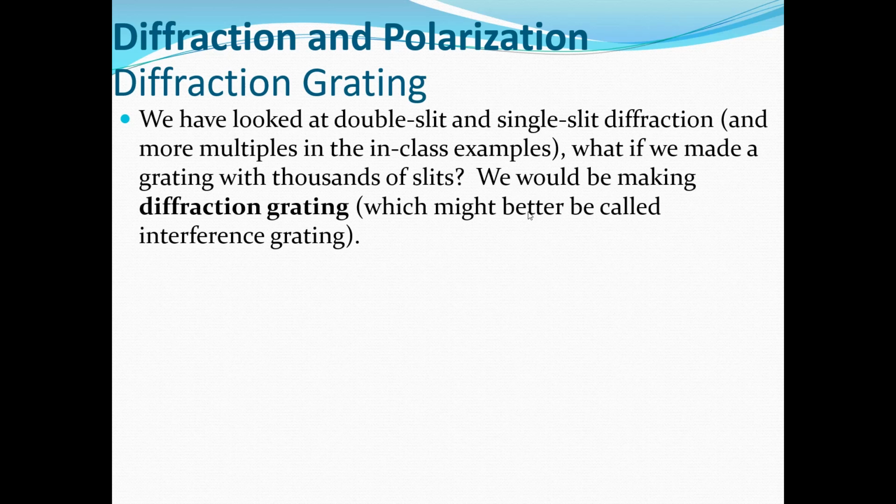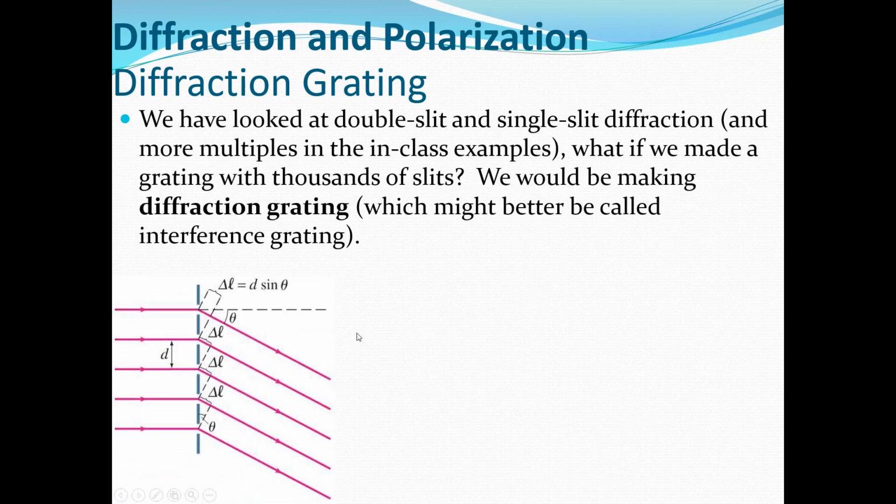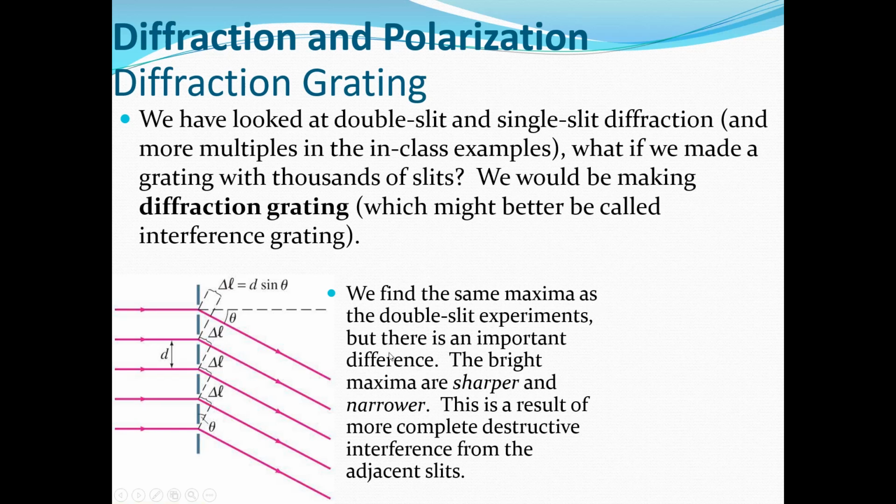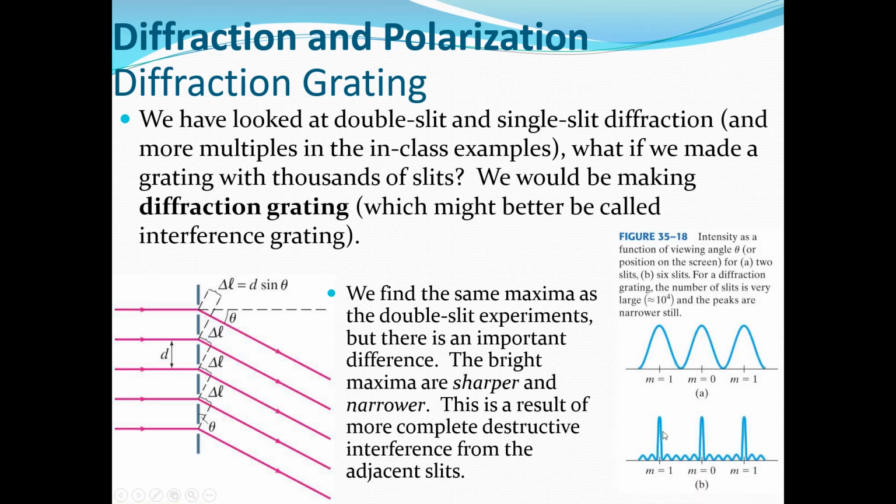Now, the main difference between a normal double slit interference pattern and a diffraction grating interference pattern is mainly the definition of each of the fringes. The fringes now become much sharper than they were originally.